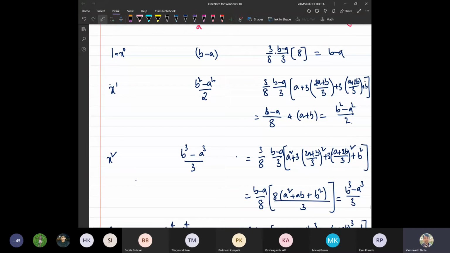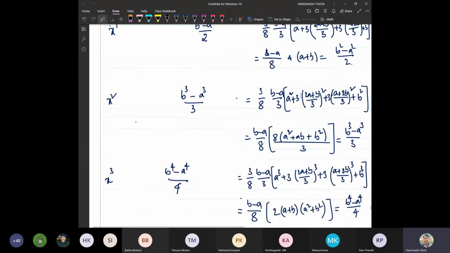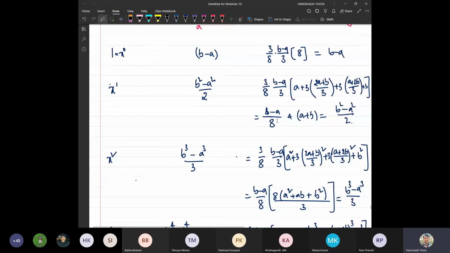Here also, if you simplify this expression after a few calculations, we will get b square minus a square upon 2. So for polynomials of degree 1 also, we are getting the exact values without any error.